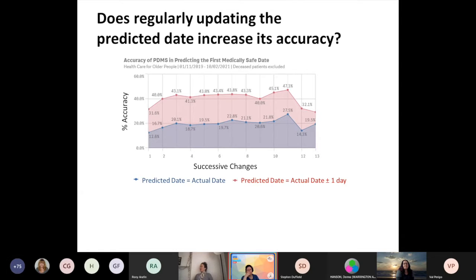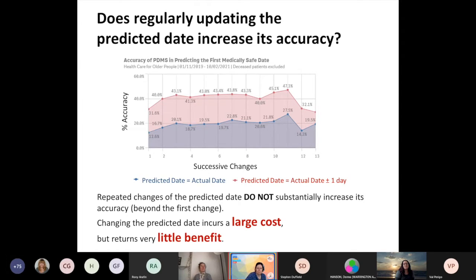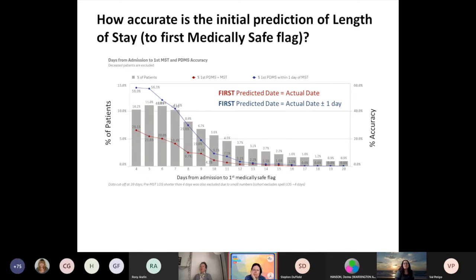You can see that beyond the first prediction, there is no substantial increase in accuracy. So actually, changing the predicted date incurs a really large cost, but returns very little benefit in terms of accuracy.